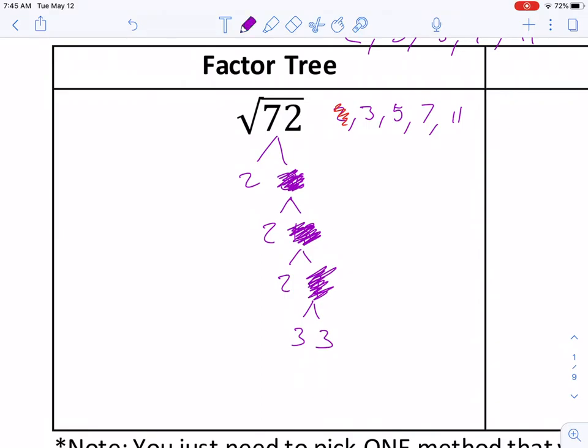That's the whole point. It's the smallest prime numbers that exist within our big numbers. So 72, 2 times 2 times 2 times 3 times 3. And I'll just show this real quick. 2 times 2 is 4, times this 2 is 8, times this 3, 8 times 3 is 24, times this 3 is 72.